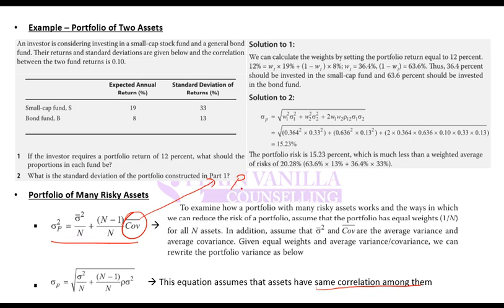You wouldn't require 10, 20 numbers of correlation. You can multiply it by variance, that means you can replace covariance with correlation into variance, and that can give you the variance of portfolio.